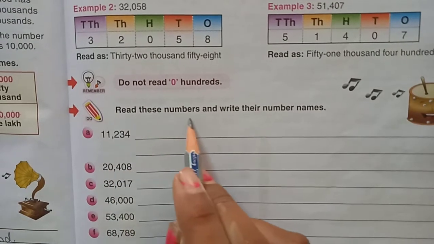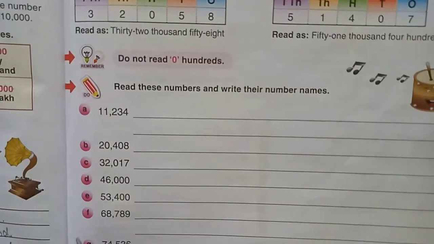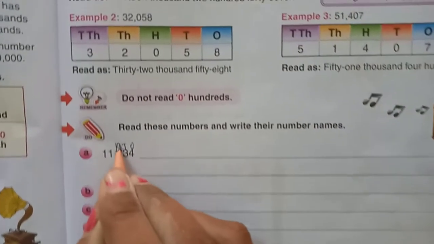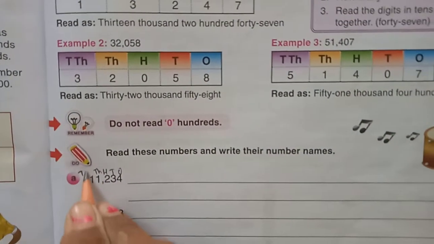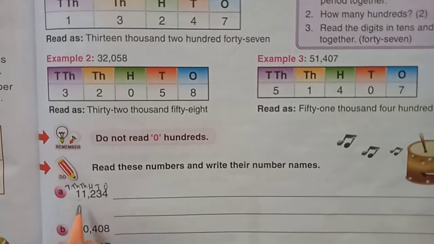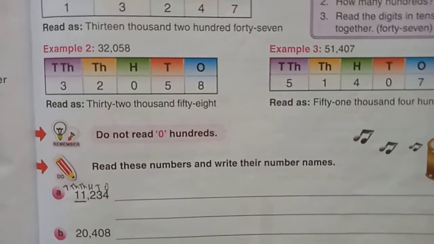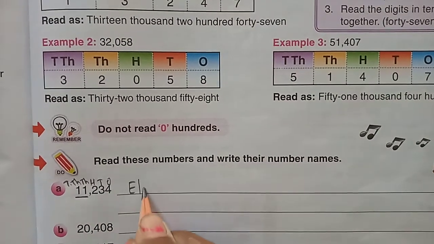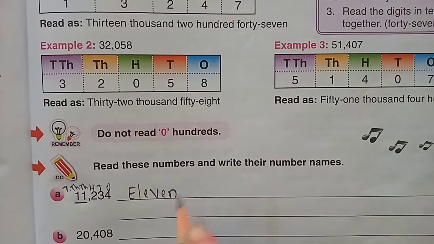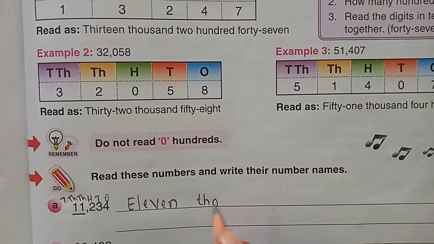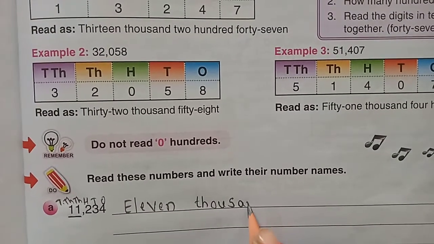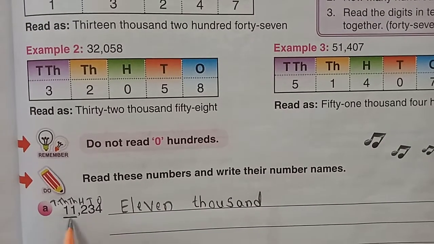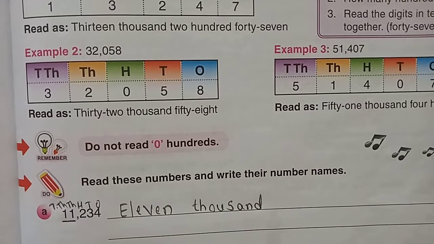Read these numbers and write their number names. One example I will show you. Ones, tens, 100, 1000 and 10,000. 1000 and 10,000 we had to write as it. Directly together we had to write as 11,000. Eleven thousand, 11,000. Together we wrote 1000 and 10,000s.